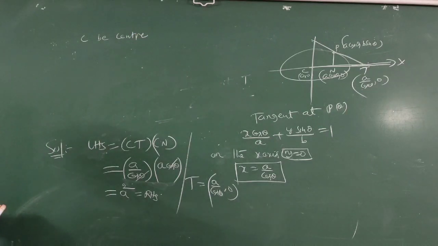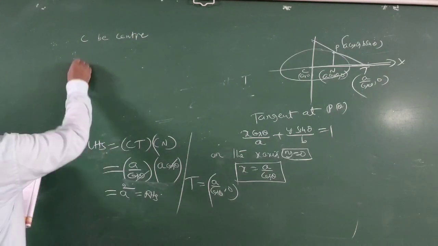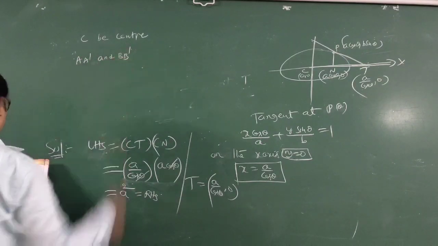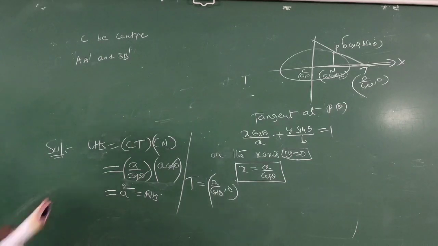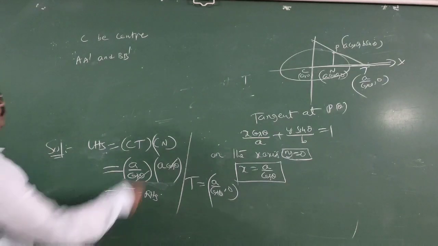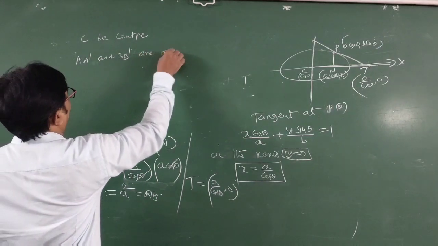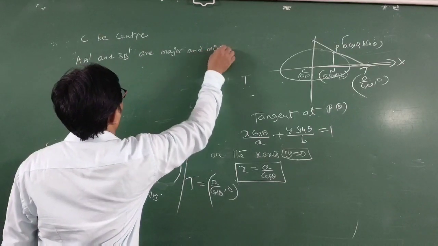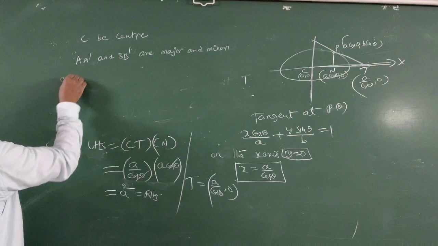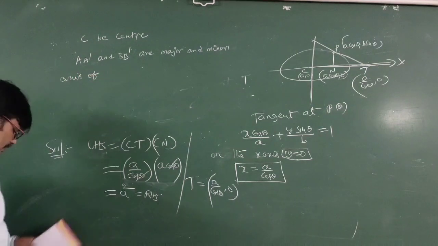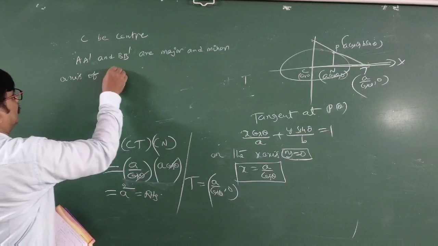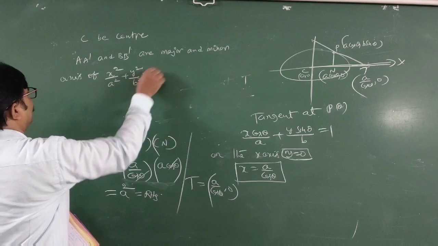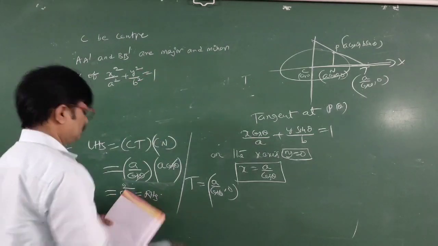A dash and B dash are the major and minor axis of the ellipse x square by a square plus y square by b square equal to 1.